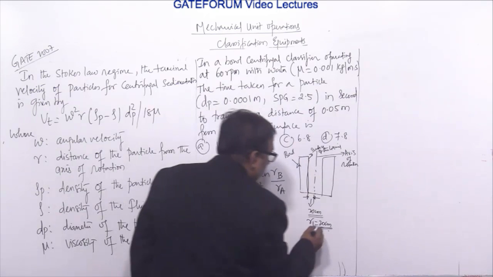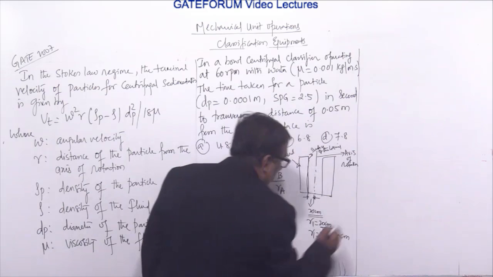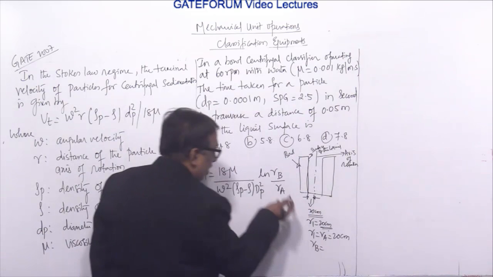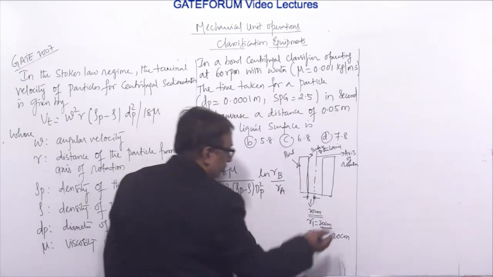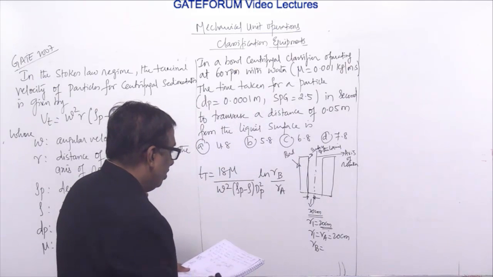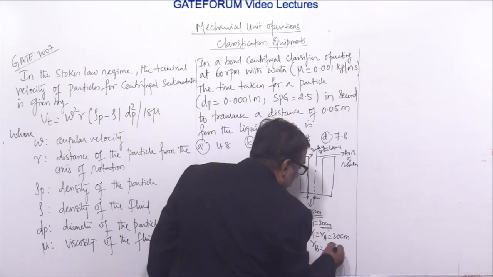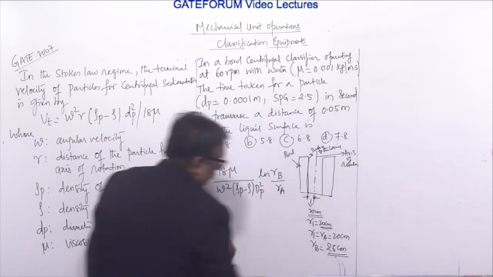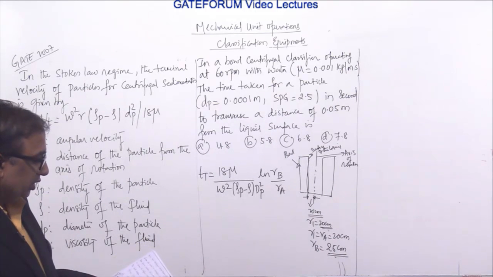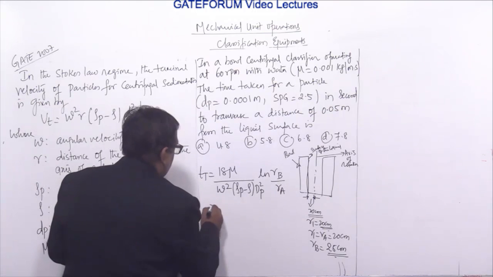So RA is equal to 20 centimeters. If it is traveling, RB is RA plus 0.05 meters, and 0.05 meters means 5 centimeters, so 25 centimeters. This is what we have to understand. Then just substitute the values, that's all.